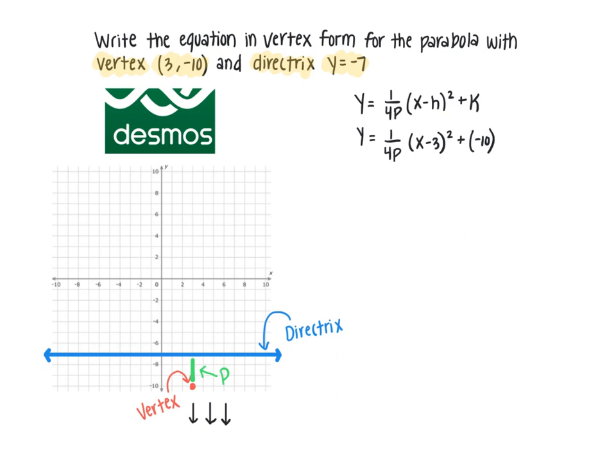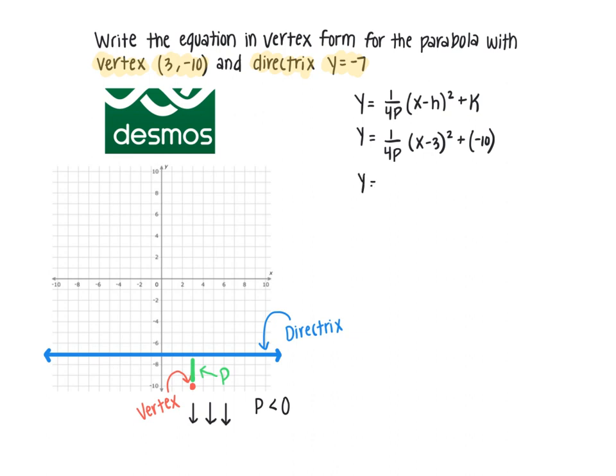So I know that p is 3, but you also need to remember that for a parabola that opens in the downward direction, p has to be less than 0, which means it's negative. So p is not just 3, p will be negative 3. So I can plug that in.